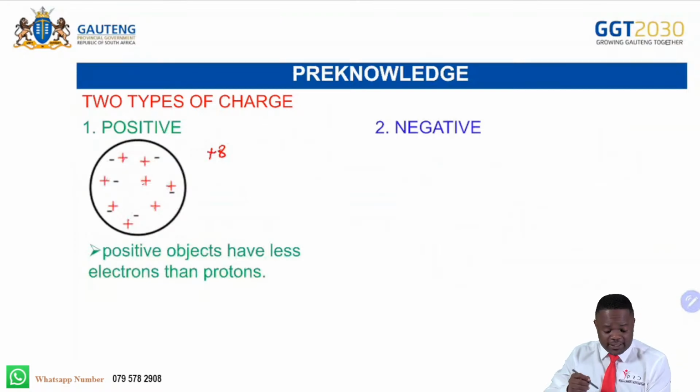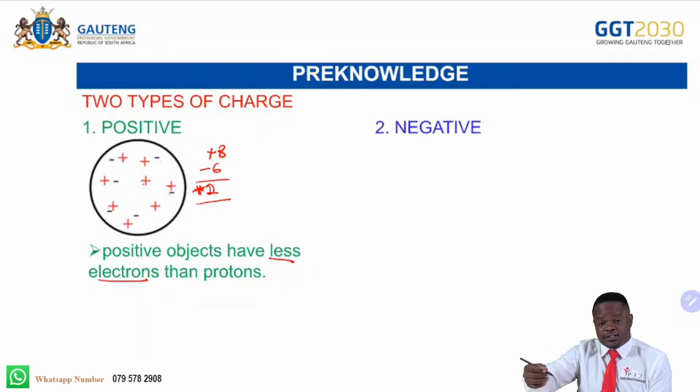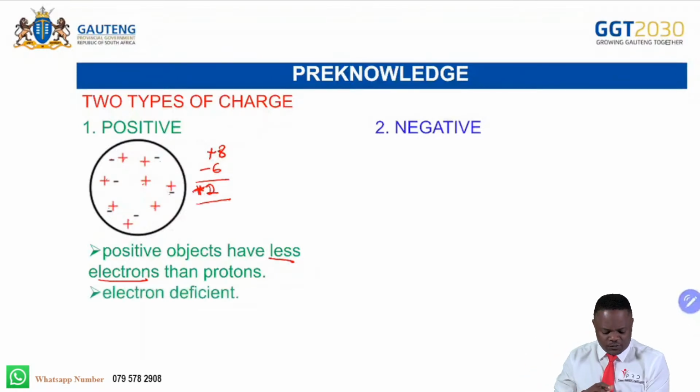And how many negatives? 1, 2, 3, 4, 5, 6. So we have negative 6. This has a charge of plus 2. Fewer electrons than protons gives us a positive charge. Therefore, if an object has a positive charge, it is electron deficient. I hope you know these concepts.